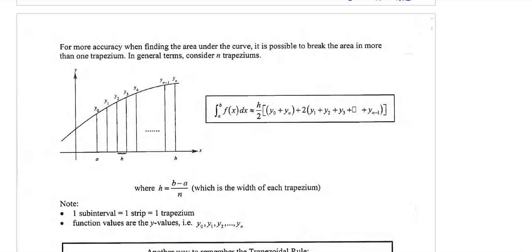And then you need 2 lots of all the little ones in between. Because if you think about your trapeziums, if I do that trapezium followed by the second one, I'm using that line twice because I'm using it in the first trapezium and the second trapezium. Does that make sense? So it's adding them all together for me.